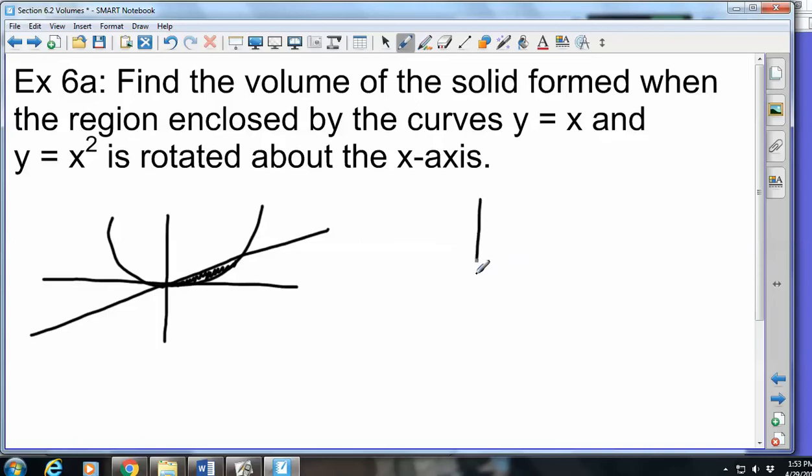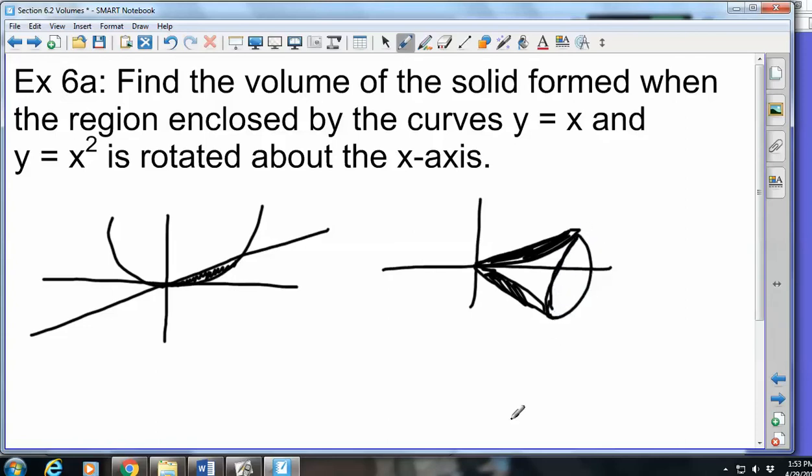So what we are doing is spinning that little piece around the x-axis. As we spin it around, you're going to get like a cone.